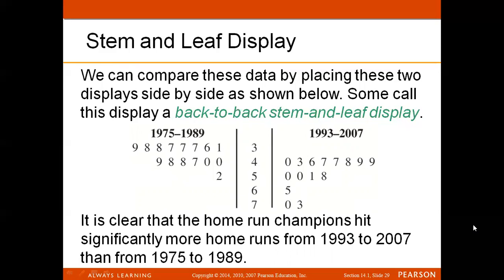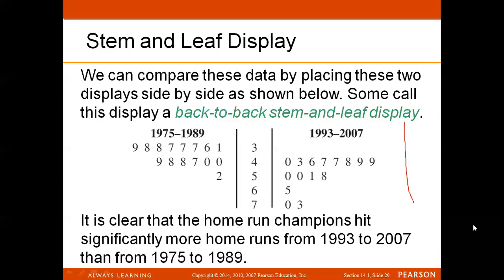So what they did was they took the 1975 to 1989 data and they grew the numbers from center outward. So this time, instead of the numbers increasing from left to right, they're going to increase from right to left, because you're imagining a tree, you're imagining a leaf, and how a leaf grows, right?